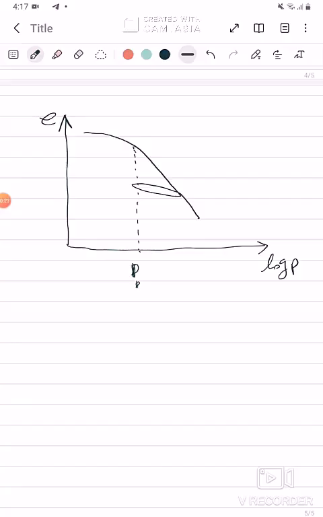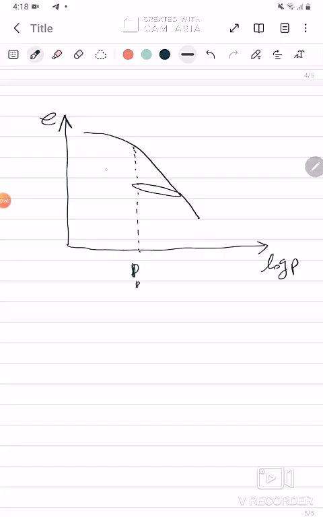The other main difference is considering unloading and reloading in these two models. Unloading and reloading is considered in the HS model, but it isn't considered in the Mohr-Coulomb model.